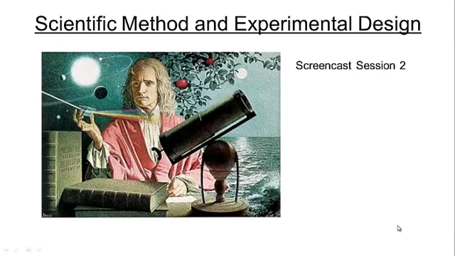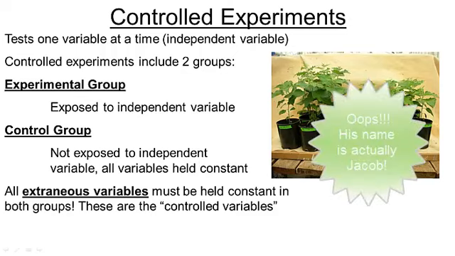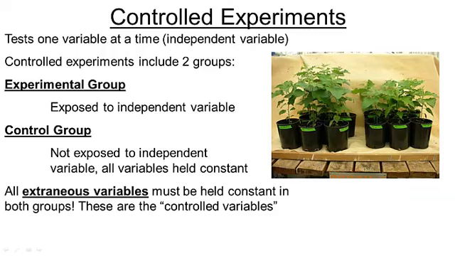All right, so we're going to move forward into our first slide here, and the big idea that we'll start off talking about is a controlled experiment. Now remember, in the first screencast we saw a student named Jesse helping his teacher test a hypothesis about plant growth. The one characteristic of a quality controlled experiment is that it allows us to test one variable at a time, and that would be the independent variable.